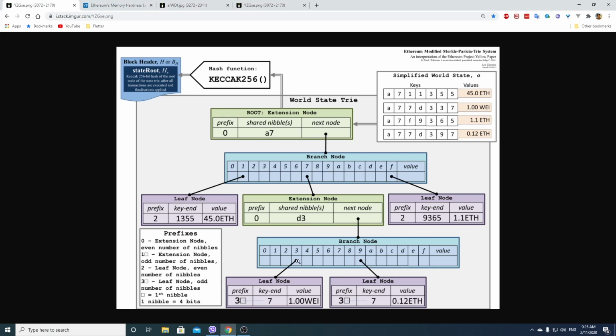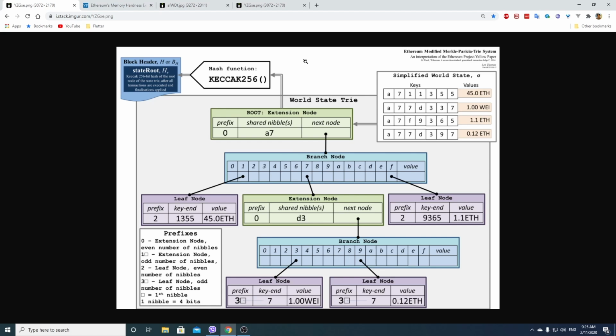And storing all these values from 0 to F, all these entries, having slots that are all empty except one, is not efficient at all. And this is going to happen quite a lot because we are using hashes. So what we would prefer to do is to notice that if there is only one single option for a particular path, or subpath, should I say, we are going to store that portion in the extension node.